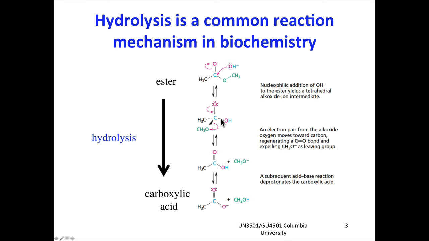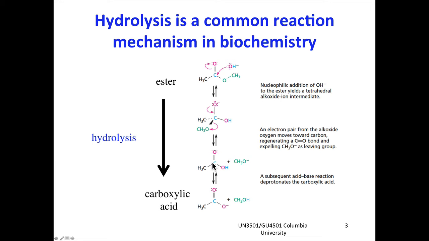And now, instead of kicking out the hydroxyl group, which was the attacking nucleophile here, we kick out the alcohol, the methanol. And so the methoxide here is the leaving group.